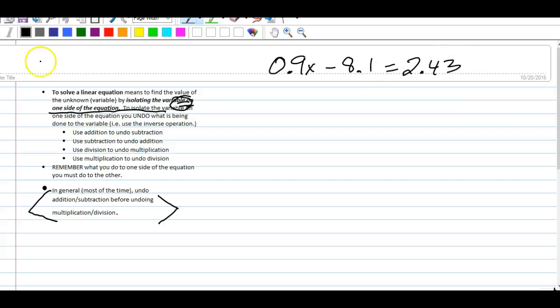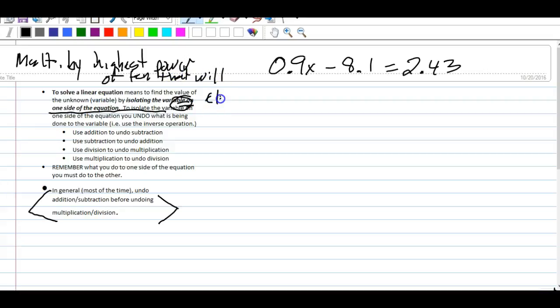So to eliminate the decimals, multiply by the highest power of 10 that will eliminate all the decimals.